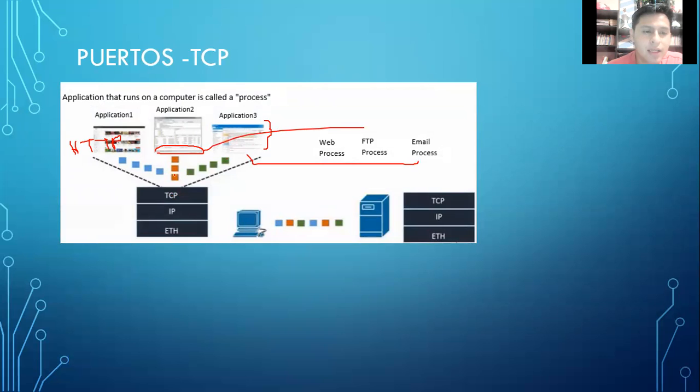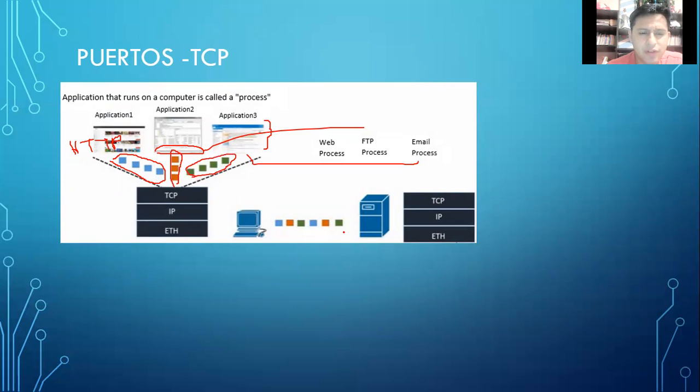Now application 1 generates information that is different from application 2 and application 3. So process 1 generates these segments, application 2 generates this segment, and application 3 generates this segment.